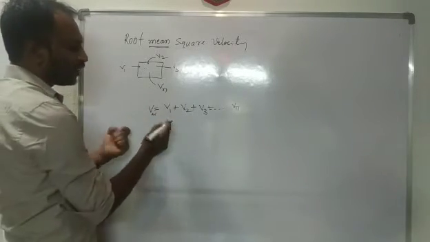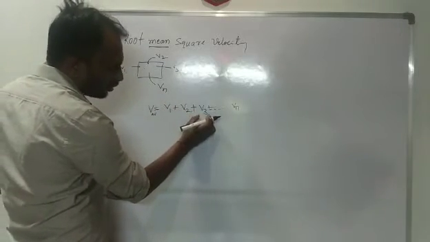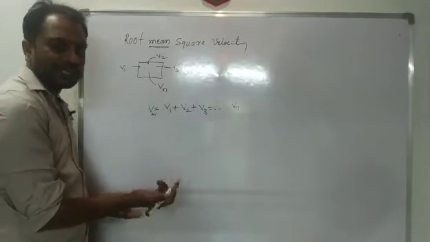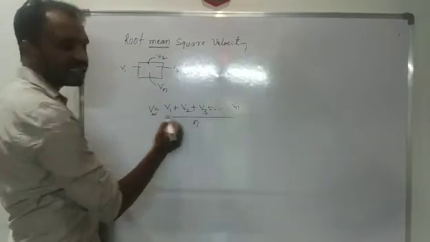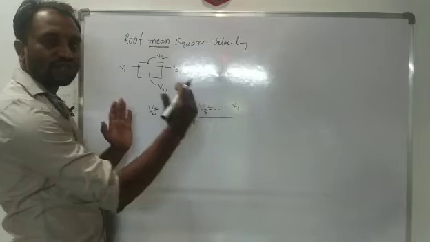It means the velocities of the first molecule, second molecule, third molecule up to the nth molecule, divided by the number of molecules, n.